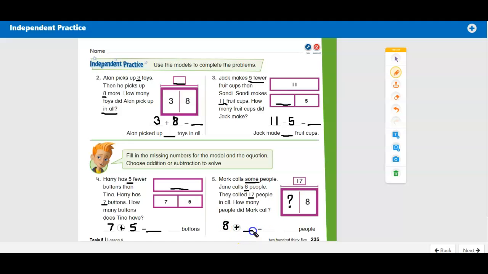We don't know how many Mark called, but we know they called 17 people total. So we need to find our missing part. 8 plus what number gives us 17? Solve for this equation and write your answer in the blank for number 5.